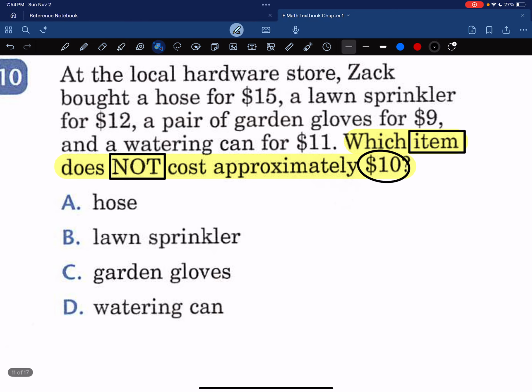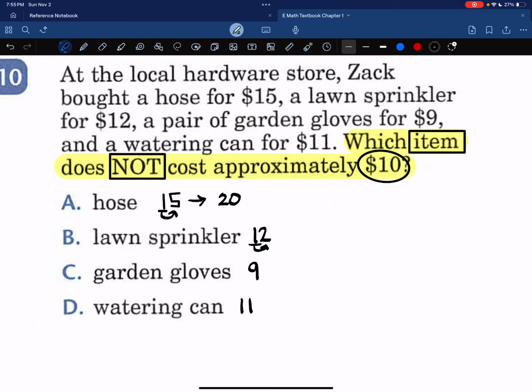So let's look at them one at a time. The hose was $15. The sprinkler was $12. The gloves were $9, and the watering can was $11. So let's round all of these to the nearest 10. This one is closer to 20 than to 10.